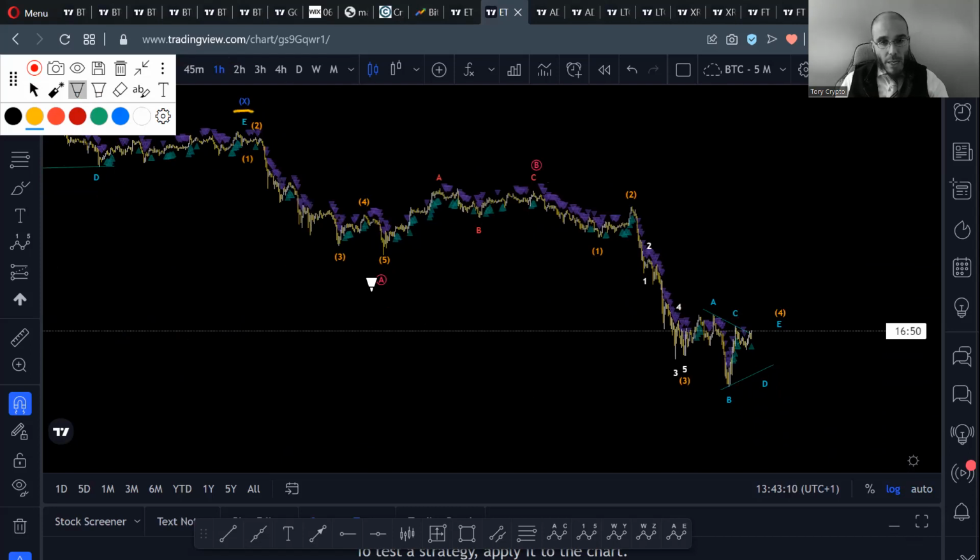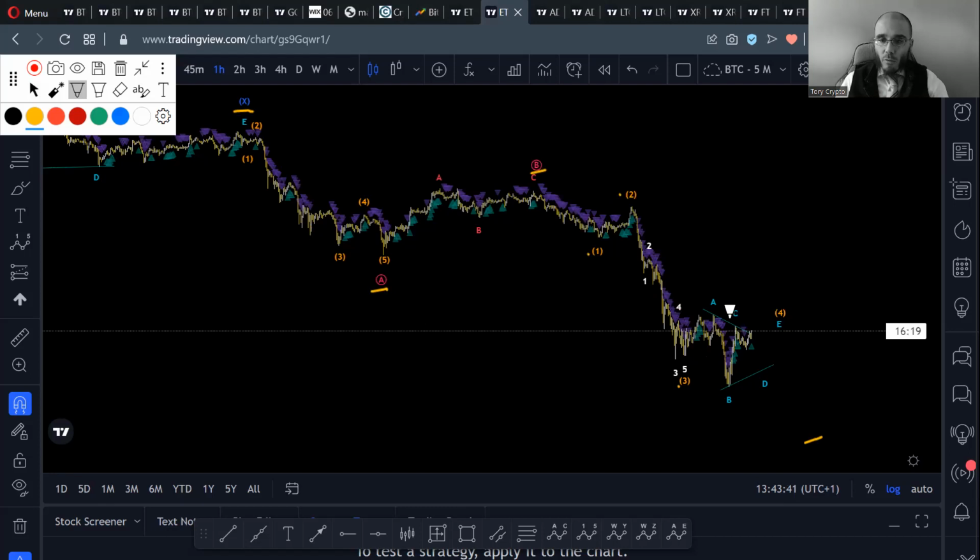Then you have an A wave, which is impulsive. There are 5 waves in it. Then you get a B wave, which subdivides into 3 waves. And then now we are in the process of accomplishing its wave C. So we had a wave 1, a wave 2, a wave 3, which subdivides into 5 waves, and the final 5th wave is a truncation. So the 5th wave didn't go beyond the 3rd wave.